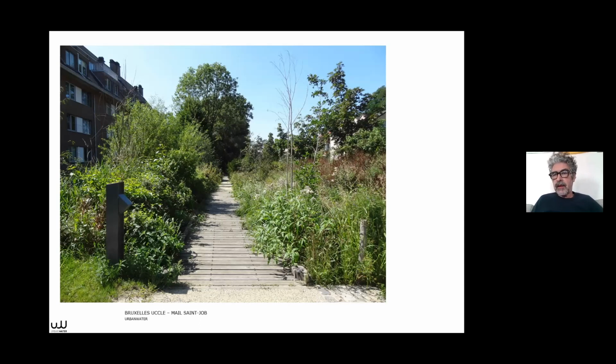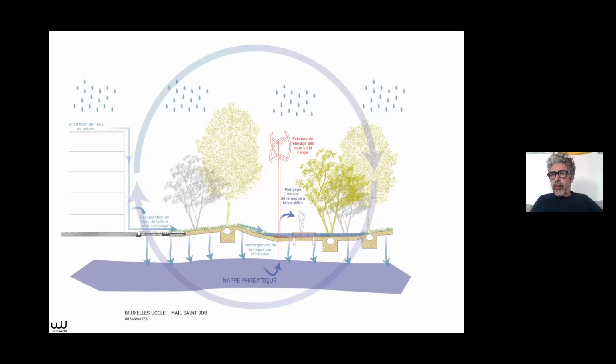But in summer, unfortunately, it doesn't rain, especially during heat waves, and we didn't have enough rainwater to hydrate this vegetation. So we said, we'll take advantage of the fact that there is a groundwater table to collect water from it. When it rains, we charge the table, we force water to infiltrate to charge the table.